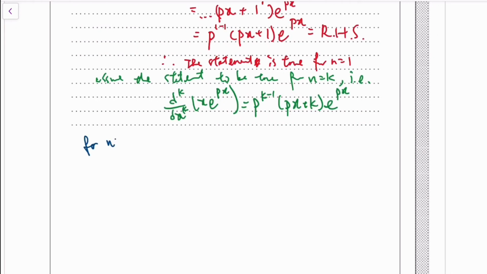So when n equal to k plus 1, we start from the left hand side. We want to find the k plus 1 derivative of this.